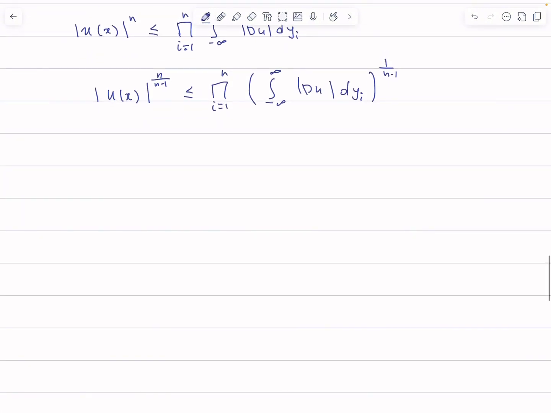What do we do next? We take the integral from both sides with respect to x1.